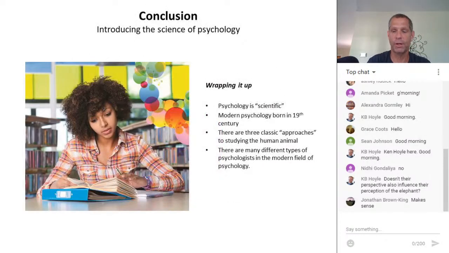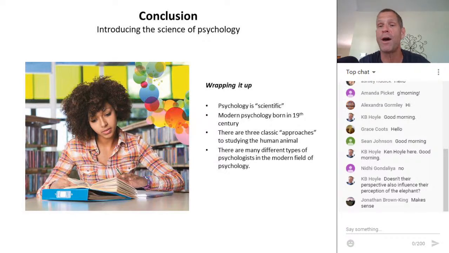Well, that's really all I had to talk about this week. Just as a wrap up, I want you to know that psychology is scientific, and the reason it's scientific is because we use measurement and observation. And tomorrow's lecture is going to be all about measurement and observation in the field of psychology.